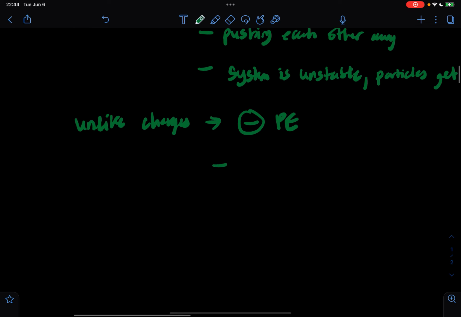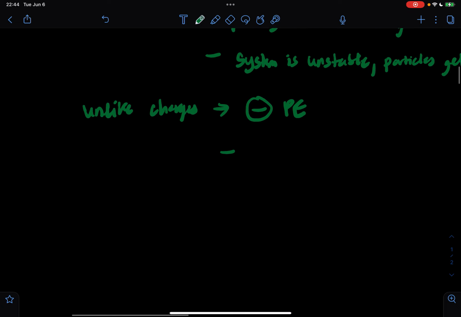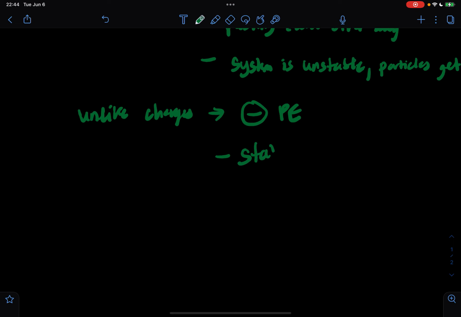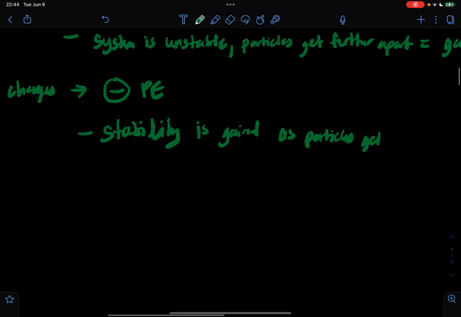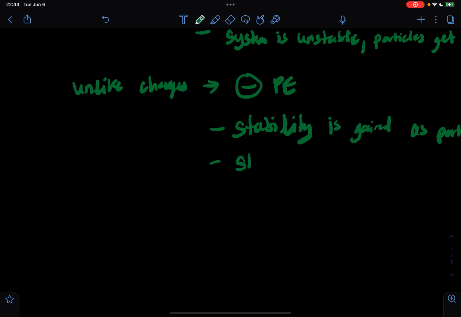Well, negative potential energy means that particles actually like being around each other, and this means that stability is gained as particles get closer. We consider this a stable system, and work is needed to separate the attracted particles.